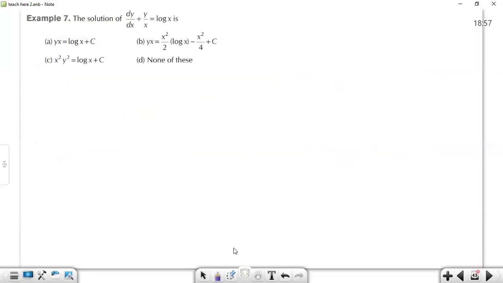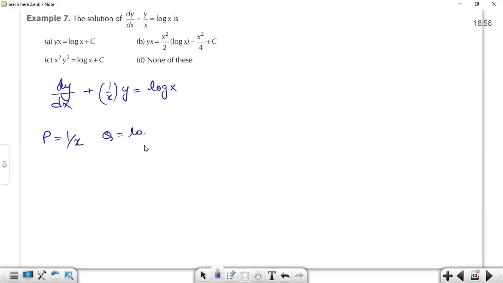Yeah, there's an example. Here, dy over dx, so we know it is of the first form, plus p into y, so 1 by x is the p, plus y is equal to logarithm of x. So here p is 1 by x and q is logarithm of x.